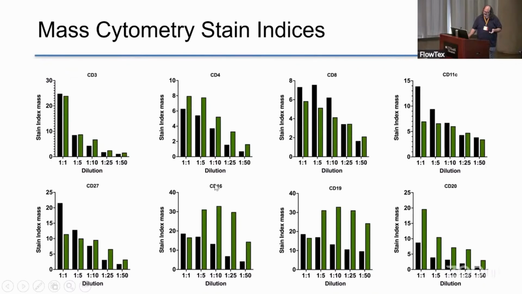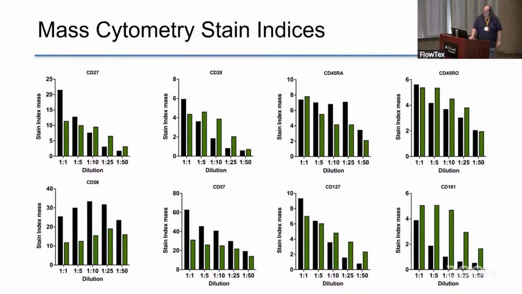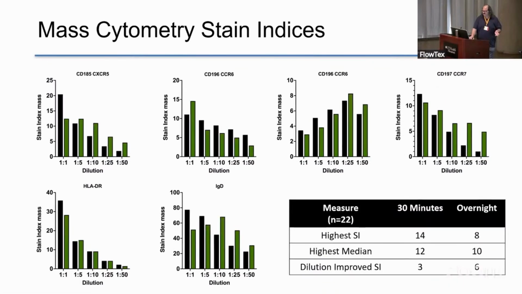But there are occasions like CD16, CD19, and of course CD20, where we actually saw better improvements with the overnight stains. And once again, just more of those particular markers. I don't want to go into this directly, but I will go over the graph though.